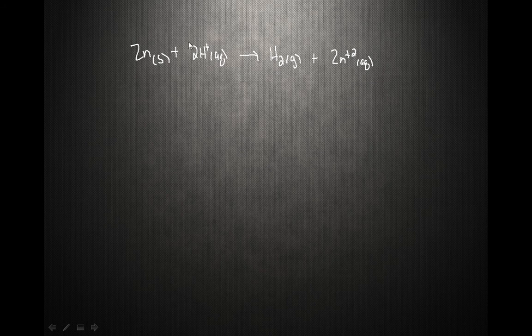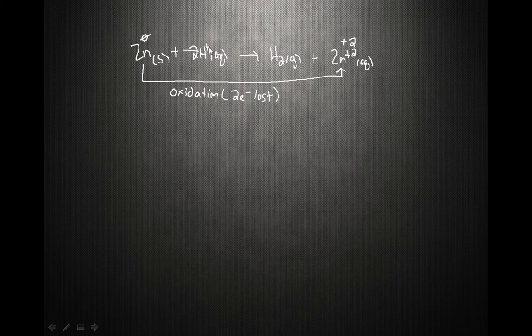So let's start at zinc here, I suppose. Zinc has gone from 0 to +2. So zinc has undergone an oxidation. Its number has increased from 0 to +2. So it has lost 2 electrons.